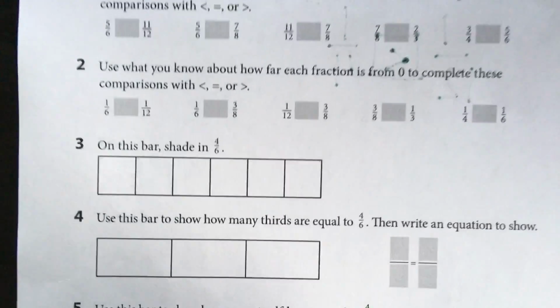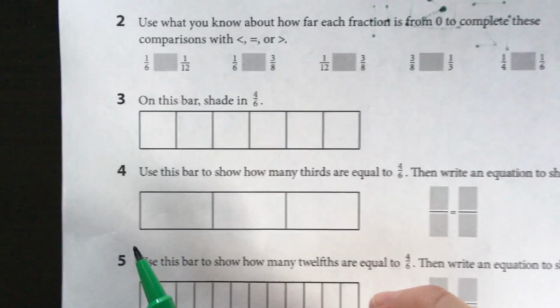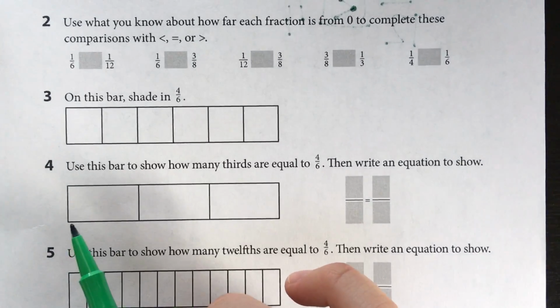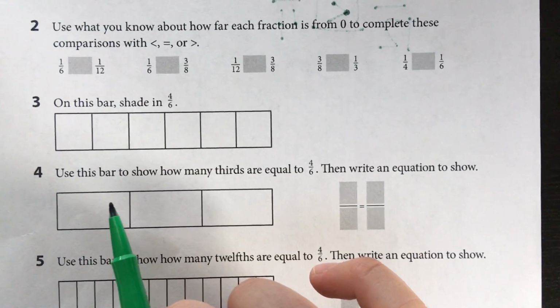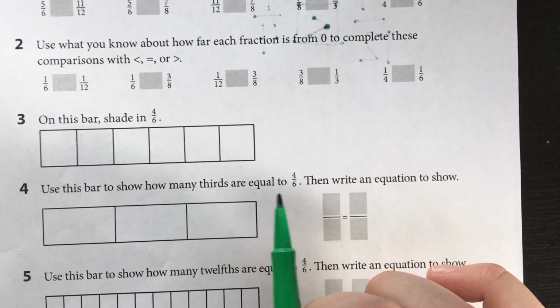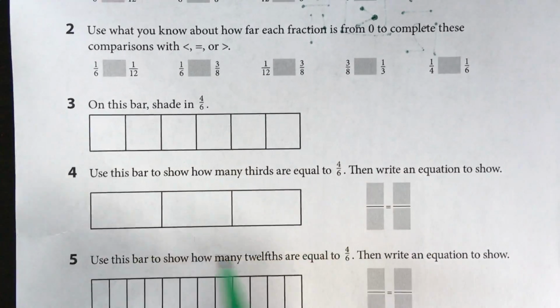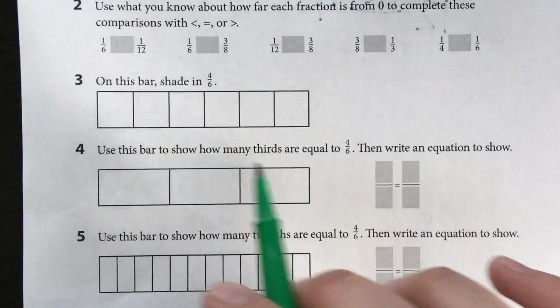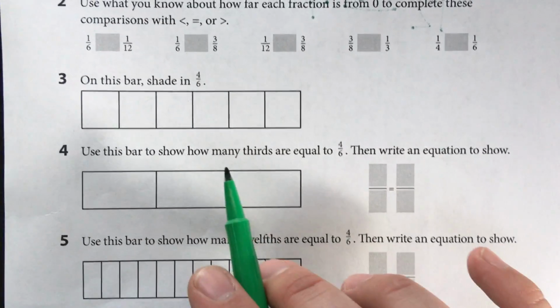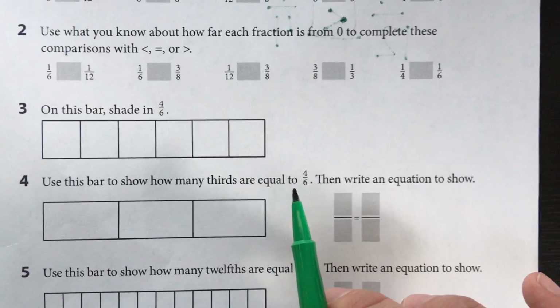All right, fourth grade friends, the rest of this last sheet should be pretty straightforward. You're filling in parts of a whole, and from there you are comparing how many thirds are equal to 4/6. You're given a bar that's split into thirds, and you need to use that to help you figure out how many thirds would be equivalent to 4/6.